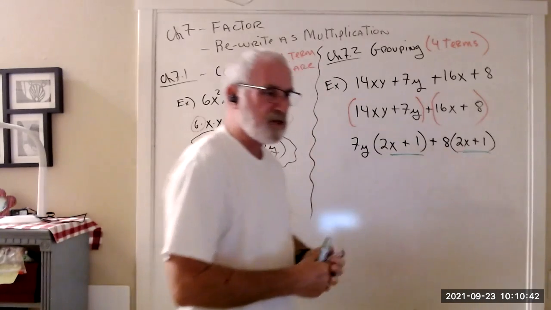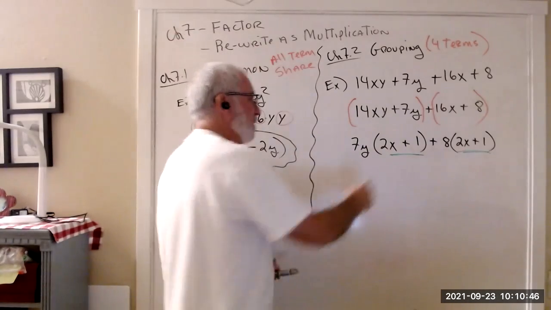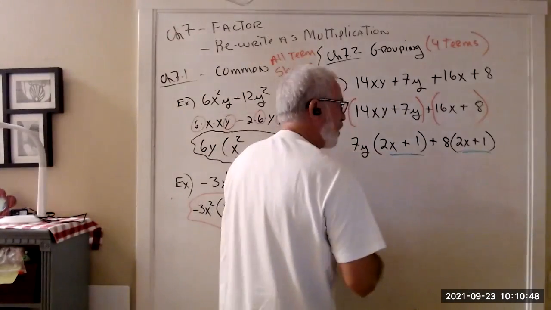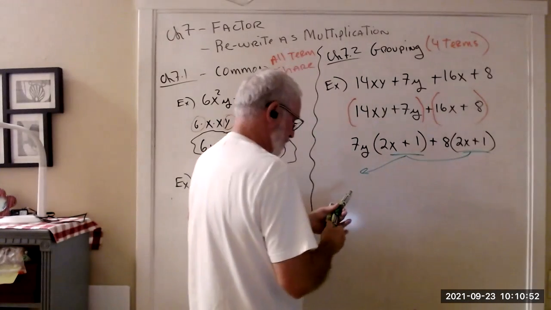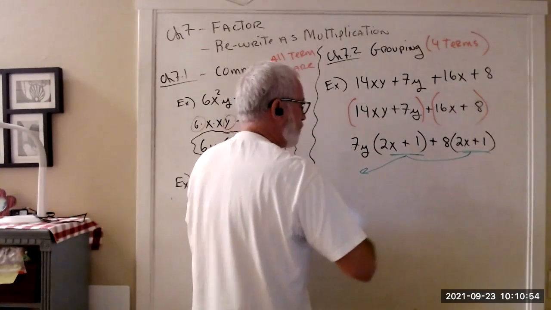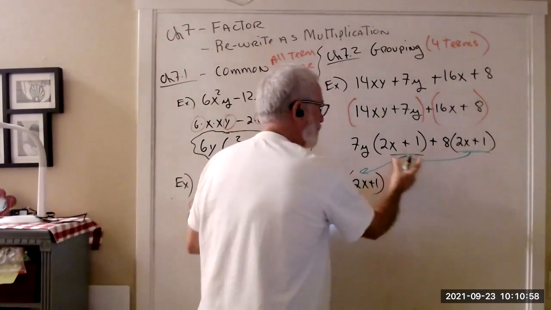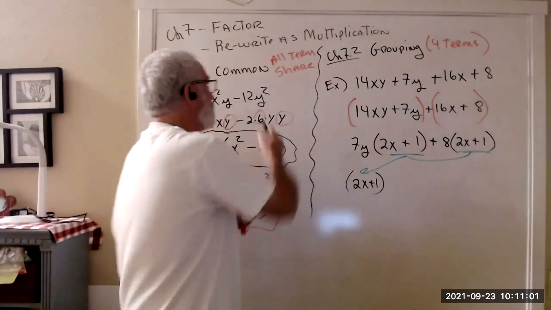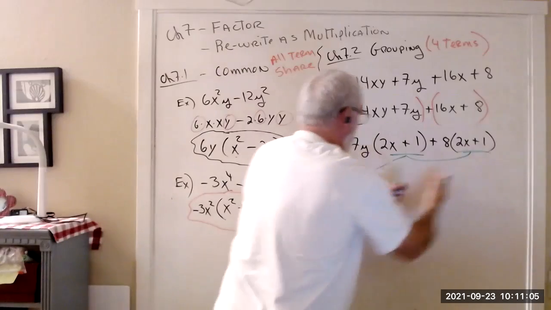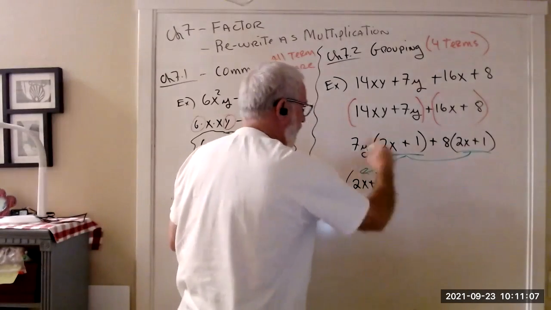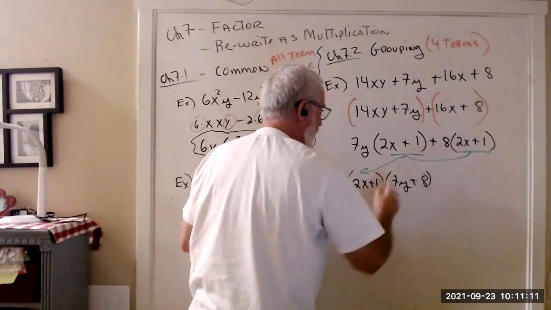But since they're the same, then we continue on and we say, hey, look, they both have a 2x plus 1 in common. I should have said that, they have that quantity in common. So whatever they had in common, I pull out front, and the 7y plus the 8 fall together.